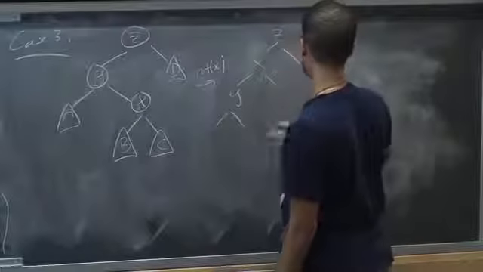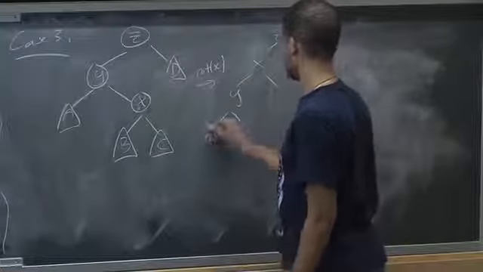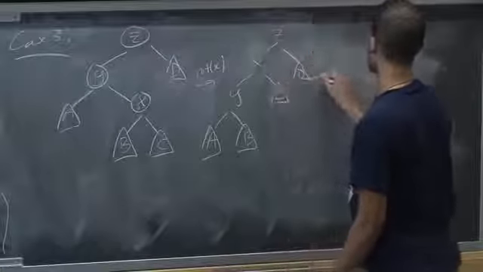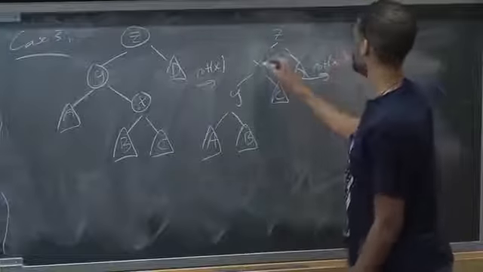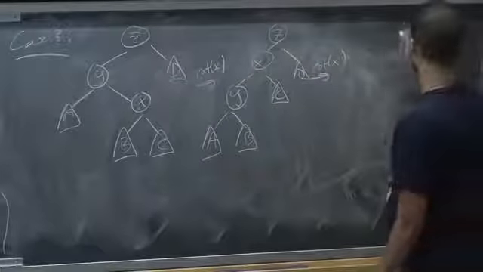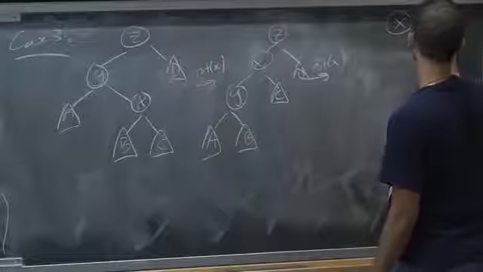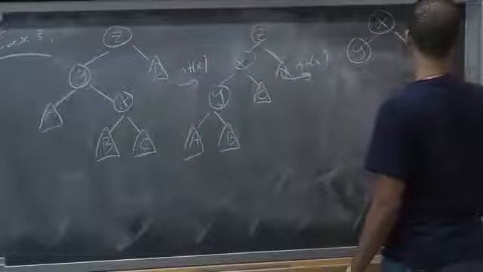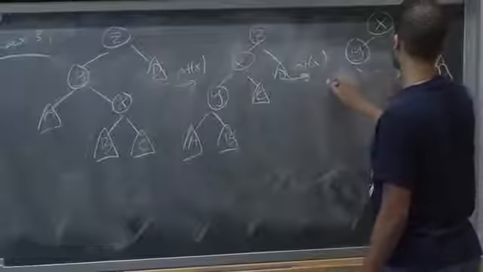And then this is A, B, C, D. And then we rotate x again. And then that brings it to look like this: x, z, y, d, c, a, b.